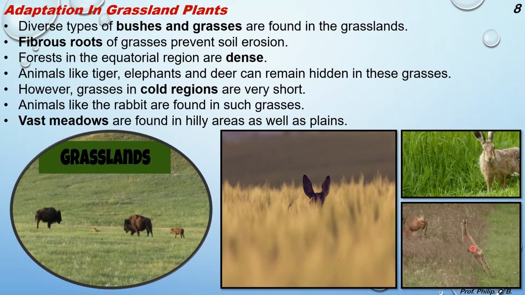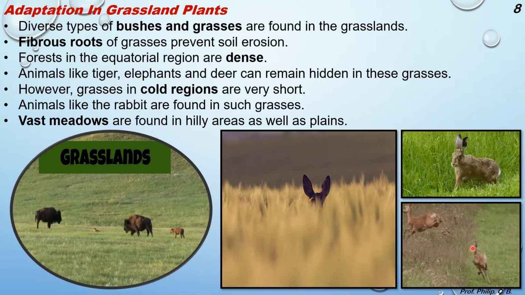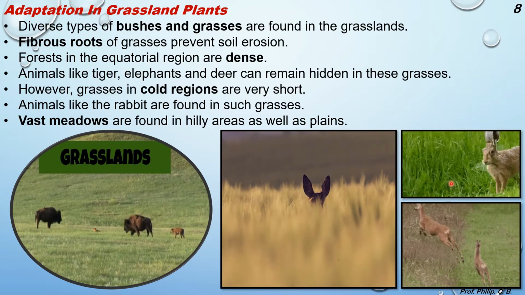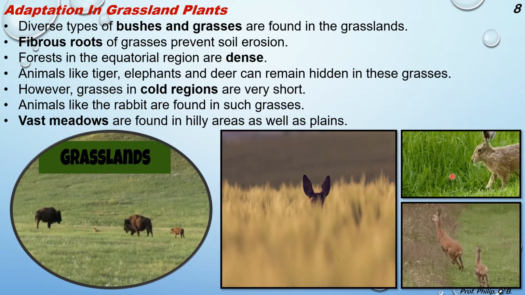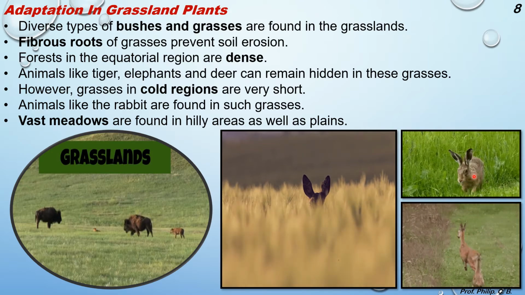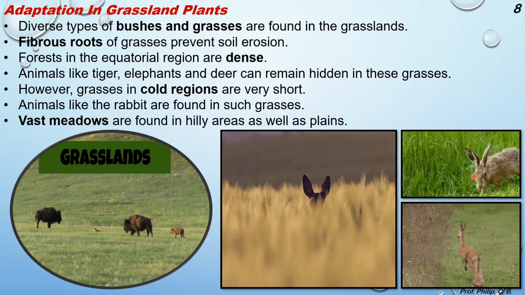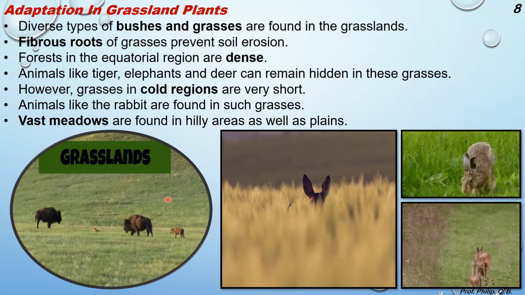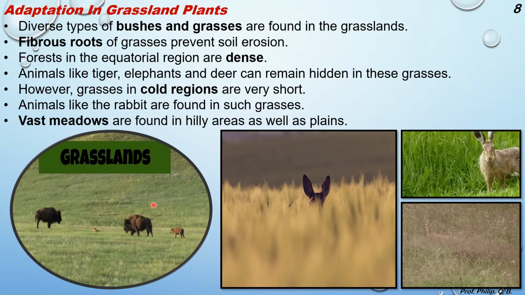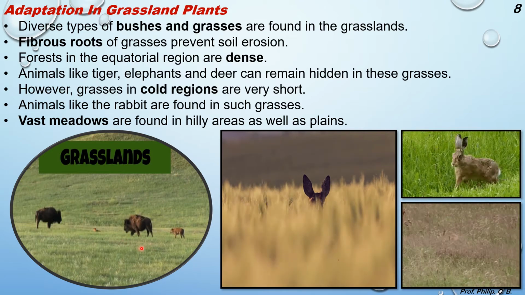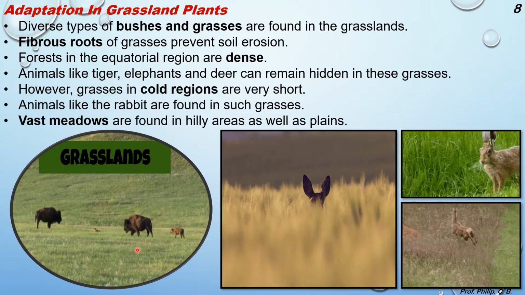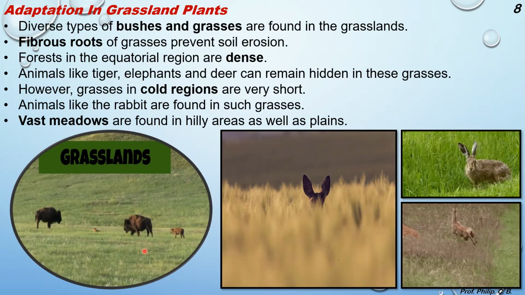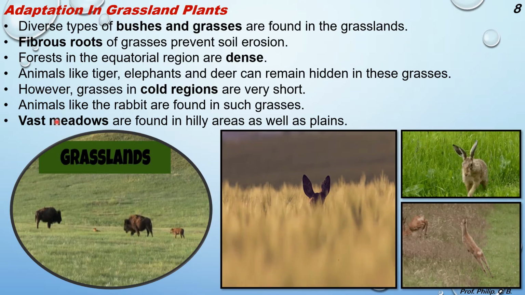Once they jump into the grasses, it is not visible where they are. Similarly, in the upper image you can see smaller grasses where rabbits usually hide; these are the vast meadows found in the hilly regions. And here the first image is a grassland where you can see bison grazing the land along with some other animals.